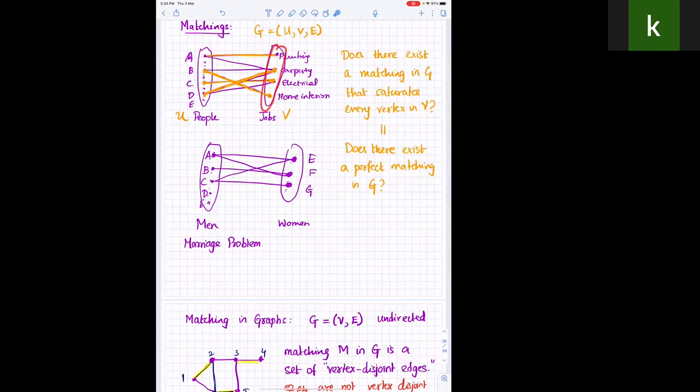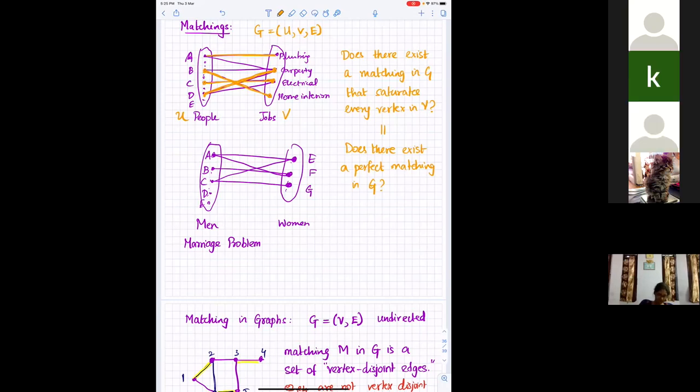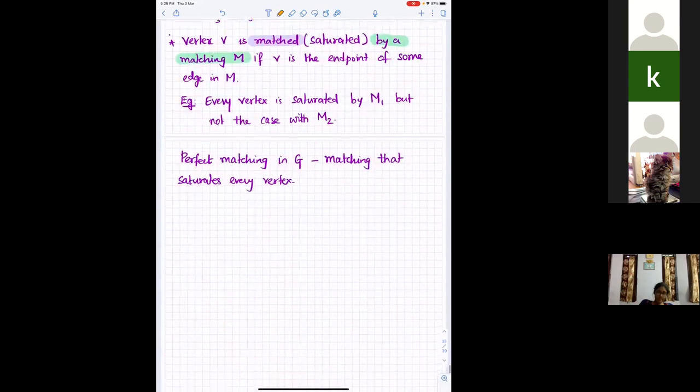So the general rule: you have 2 sets, one set is much larger than the other, you want to saturate only the smaller set. That's what we mean by perfect matching. Some abuse of notation, but is the remark clear? Yes, ma'am. Okay, so that you must keep in mind.